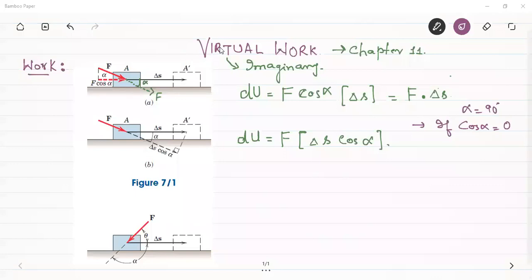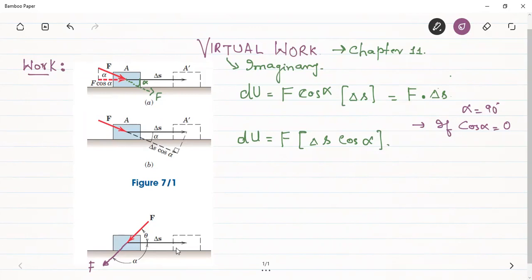Now again, see this third figure here. This is the force, and this is the line of action of the force. I can extend its line of action, and this delta S is the displacement. The block is moving from the initial position to the final position.